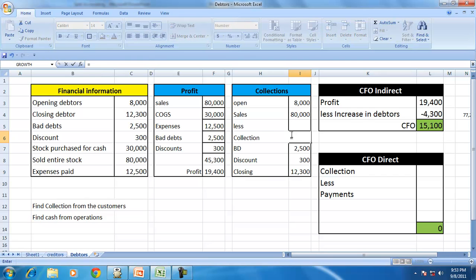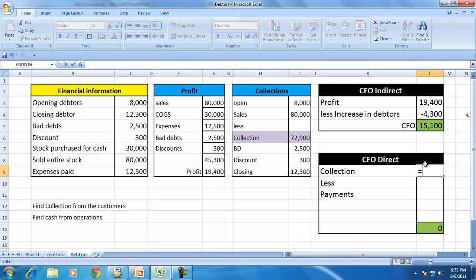So the collection is equal to opening debtors plus sales minus bad debt minus discount minus the closing debtors. So 72,900 is the collection for the period.